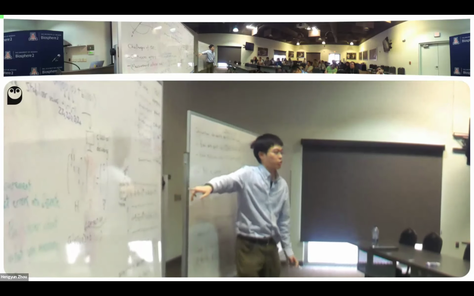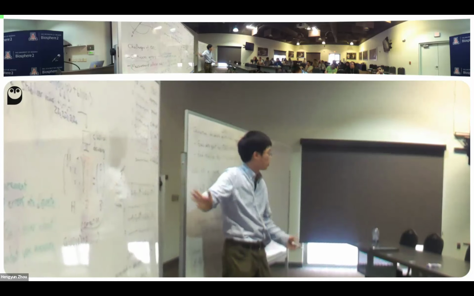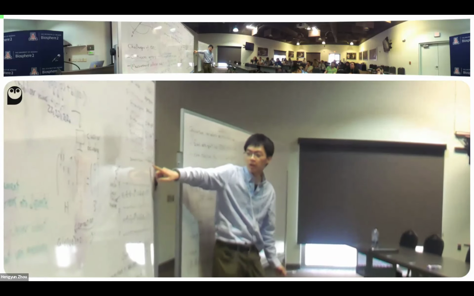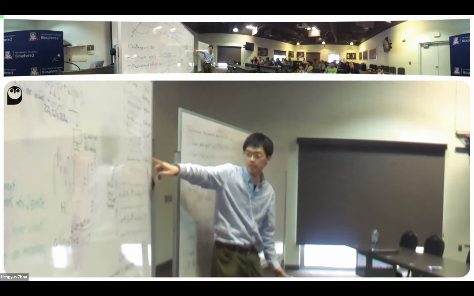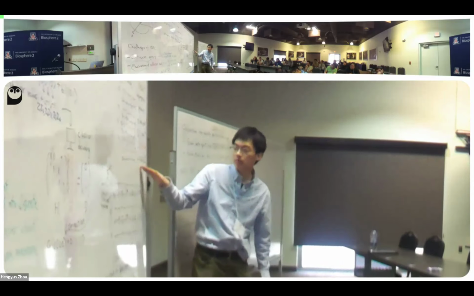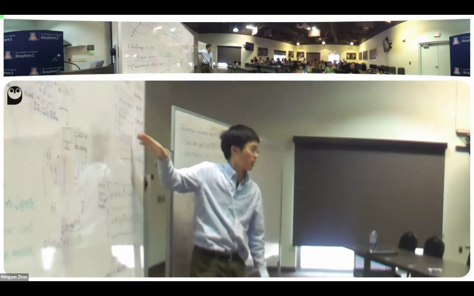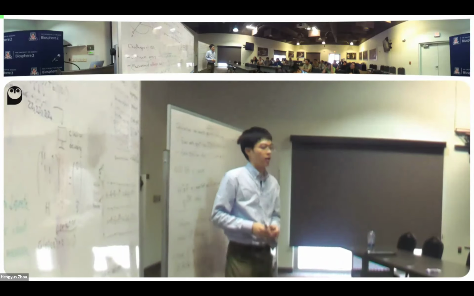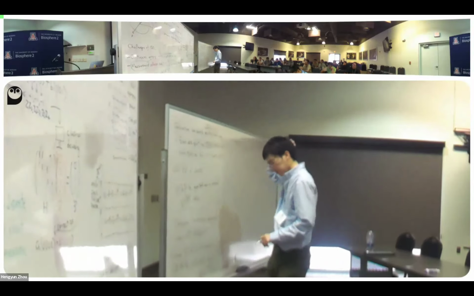And one can also show this is the minimal weight of any logical operator. You can multiply a logical operator by a stabilizer, and it will still be a valid logical operator. But this one is the minimum weight.